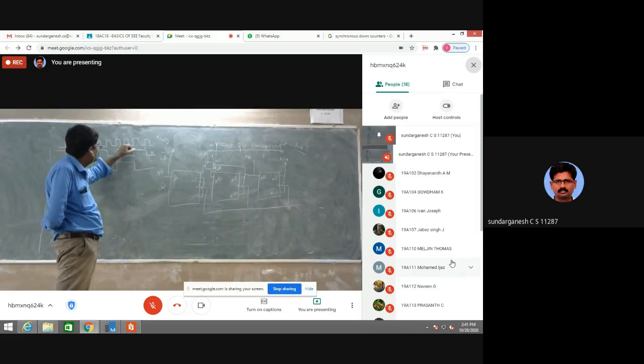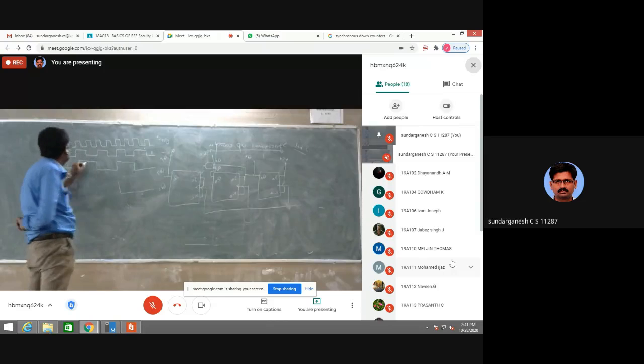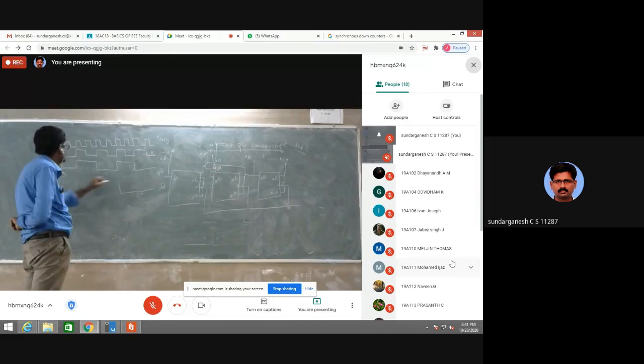Here QA is 1 but QB is not 1, so it is 0 only here. Here it is 1 but it is 0, so it won't work. Here 1, there is a negative edge, so QC will change here. Then here it is 0, here 1, 1. There is a negative edge, so here it changes.